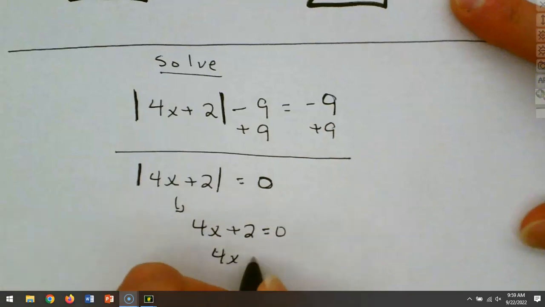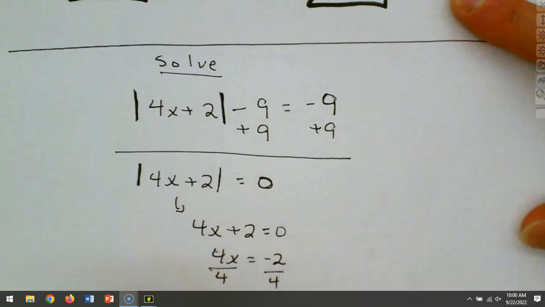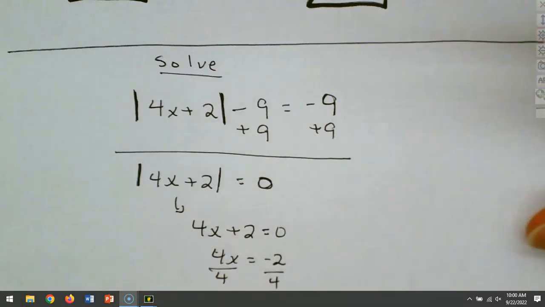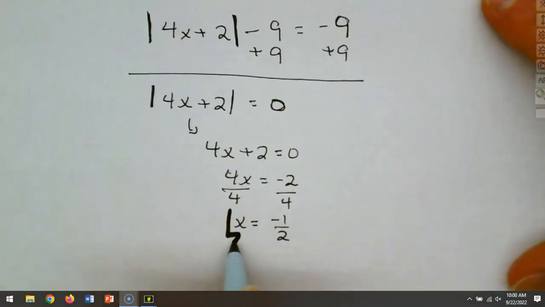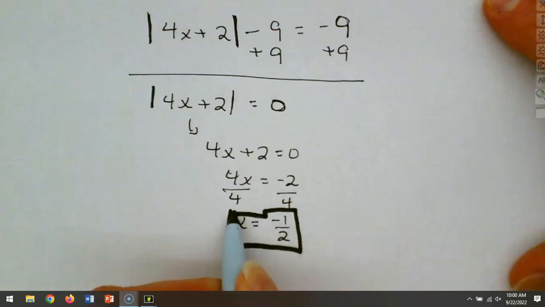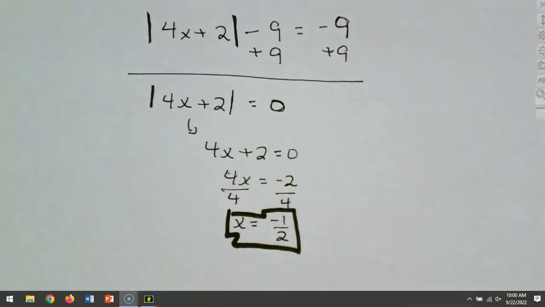Okay, so 4x equals a negative 2. Divide by your 4. And our only solution is negative 1/2. Because 0 has no sign. And so we only need one equation. Is everyone okay with that so far?